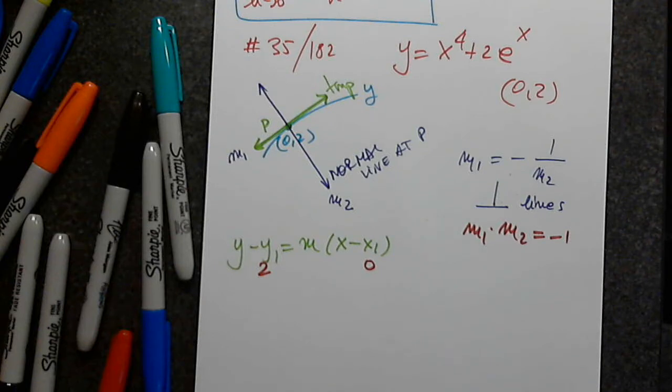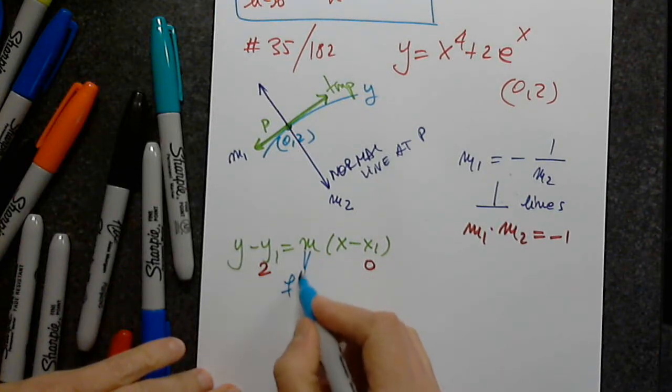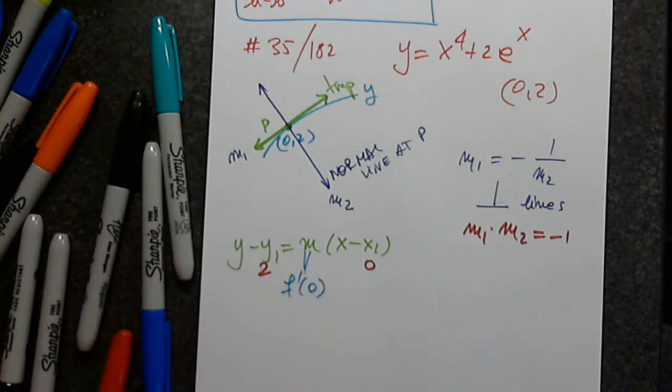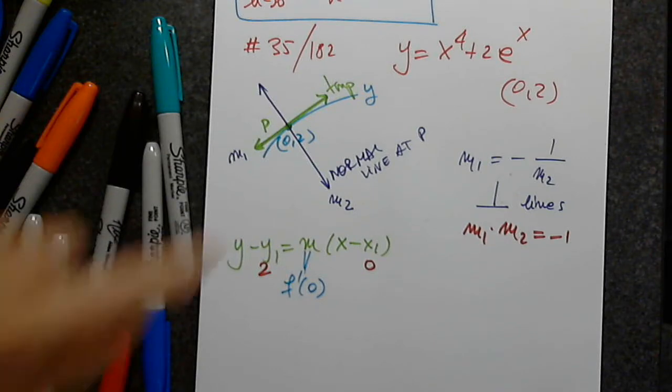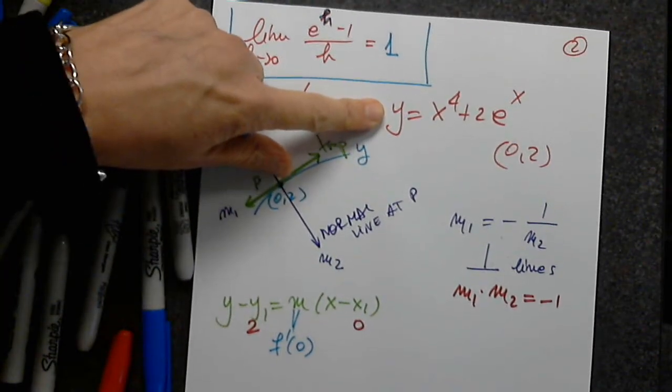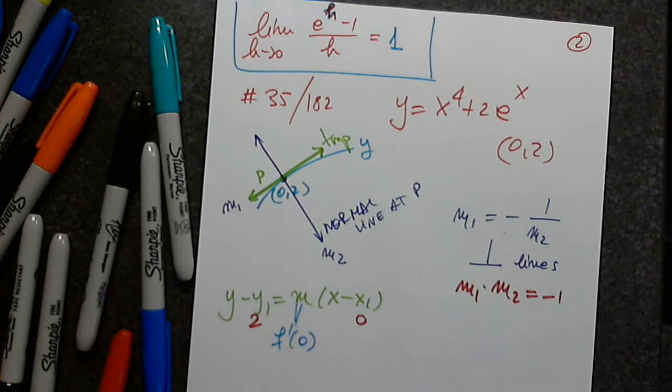So I have to find the slope at 0. So this is f prime at 0. But I have the function. What is that written underneath reciprocal? Perpendicular. That's a sign for perpendicular lines. Oh, perpendicular lines. Sorry about that.